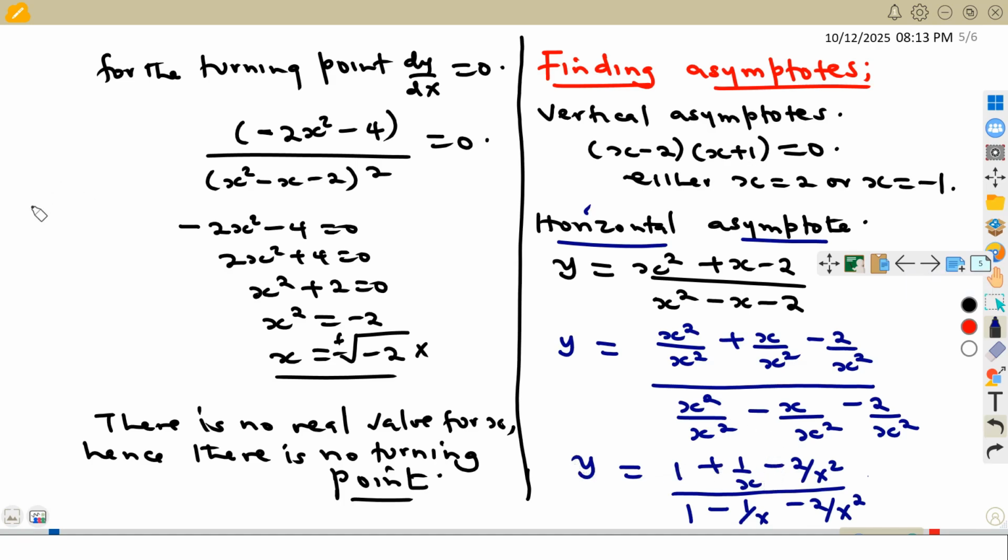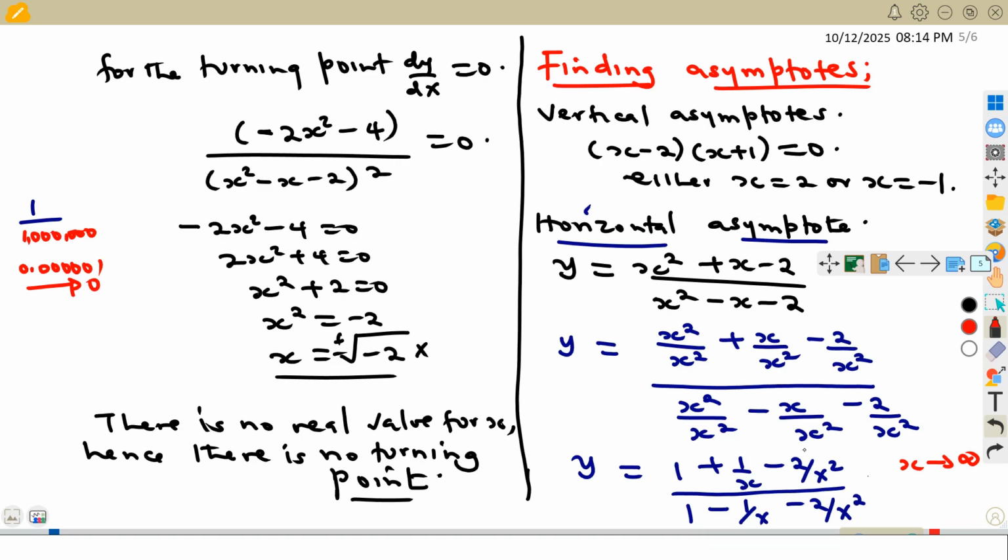When you have 1 divided by a very big number, because x is tending to infinity, for example, 1 divided by 1 million is 0.000001. So you realize that as this number keeps on increasing, the value is becoming smaller and smaller and is tending to 0.